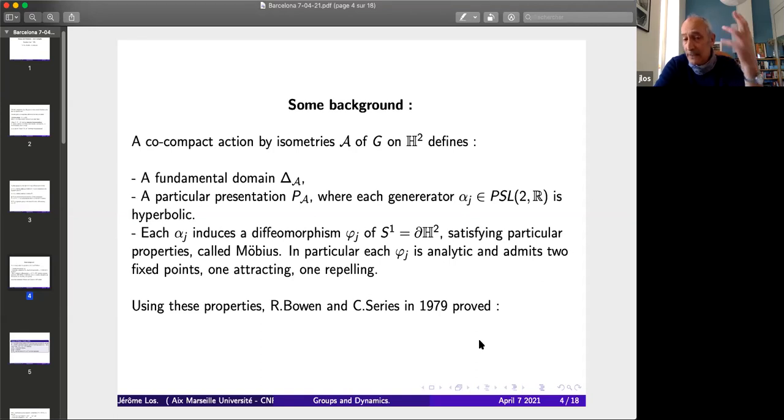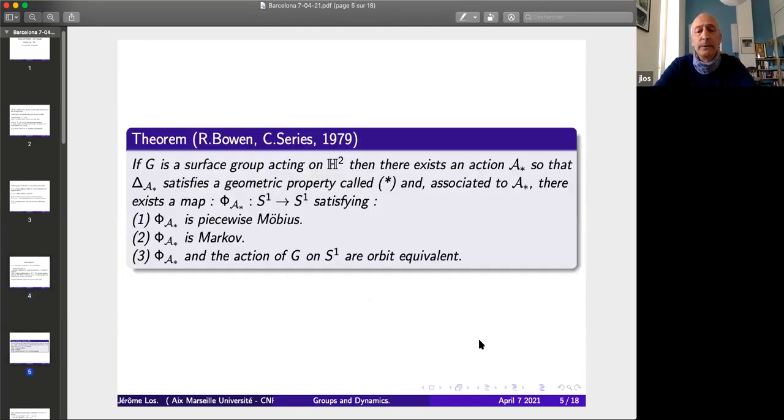And using this classical material, Bowen and Series, at the end of the 70s, in 1979, proved a kind of beautiful theorem, which is the following. Their theorem is a little bit more general than that.